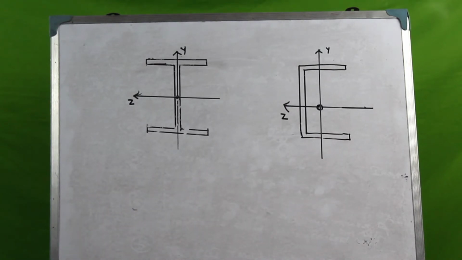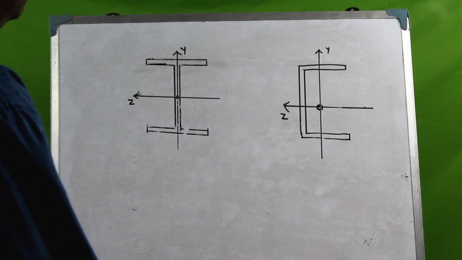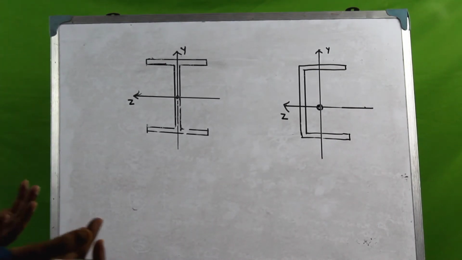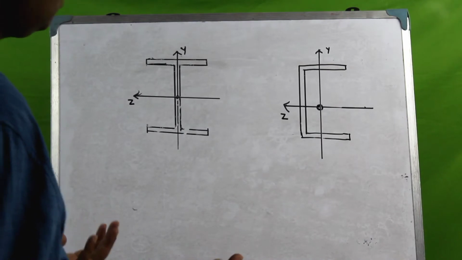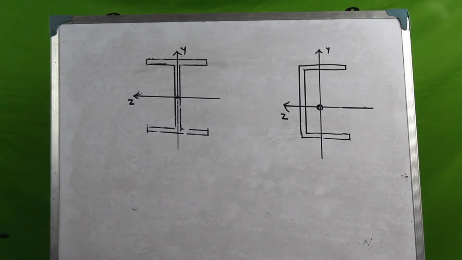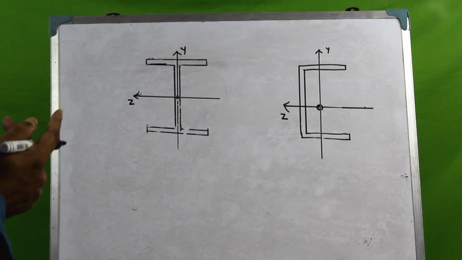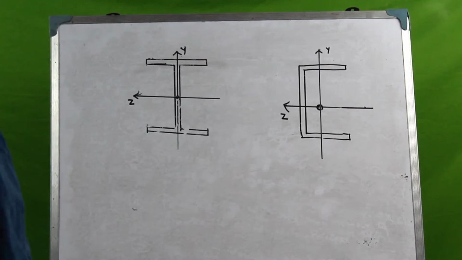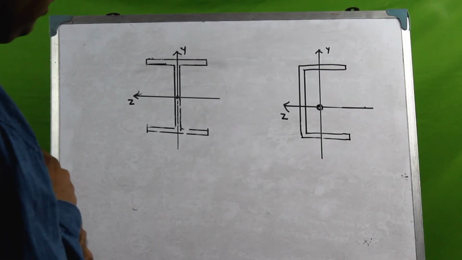To see that session in detail, you can click on the link above. Now, we have also said that the product of inertia would vanish for an axis that is a principal axis. To see that in detail, you can click again on the link that is appearing now above.